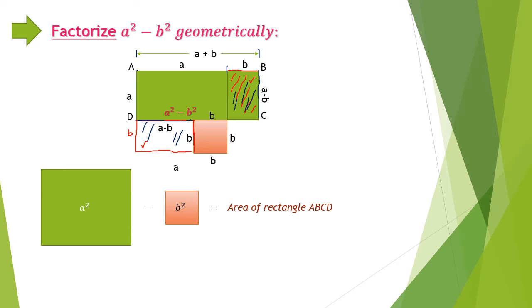The whole complete part from here to here is a square minus b square, because the part which is taken is pasted right here. So a square minus b square will be the area of rectangle ABCD.